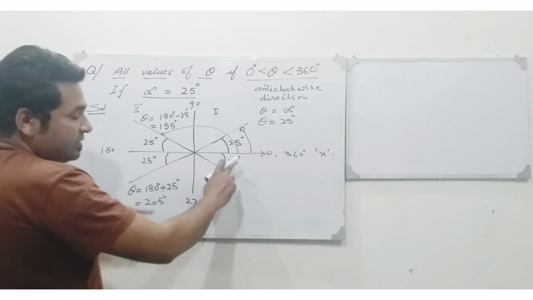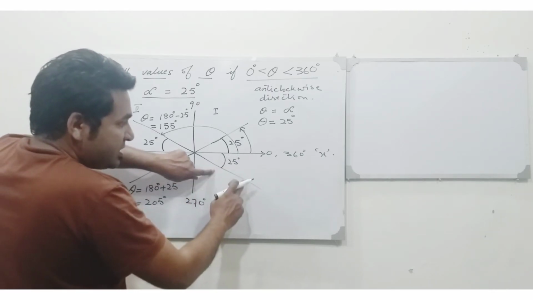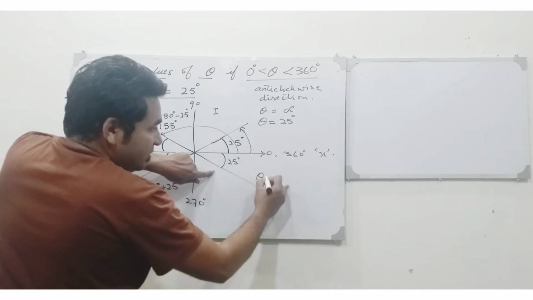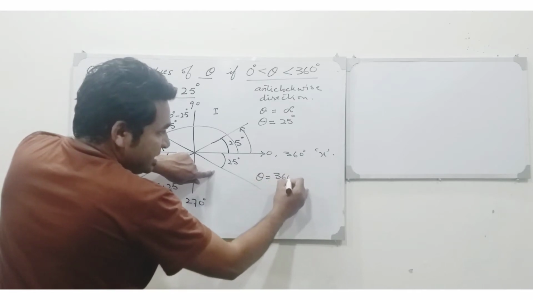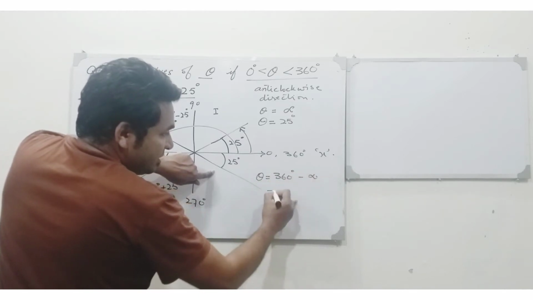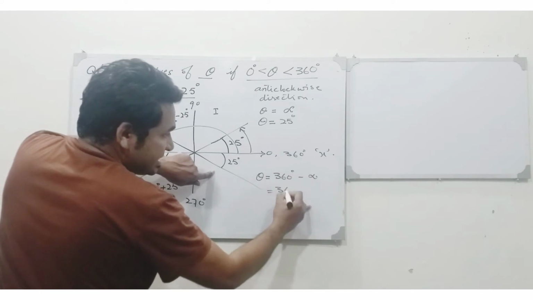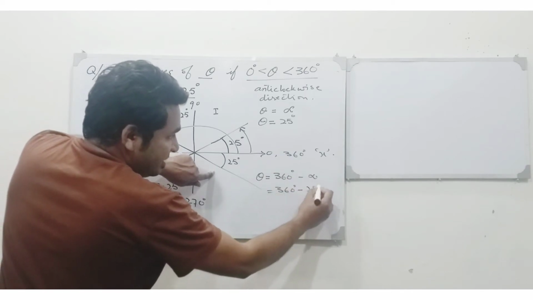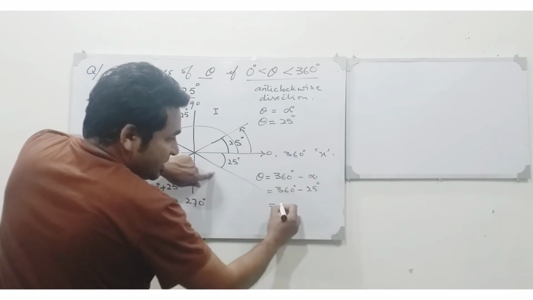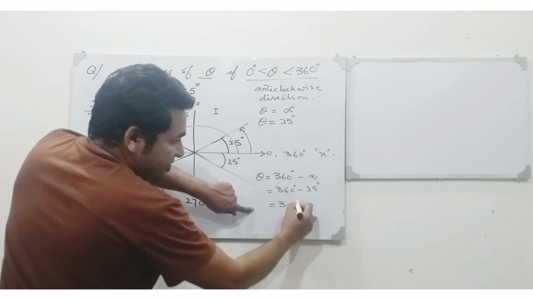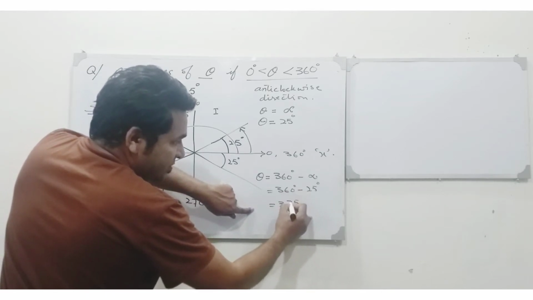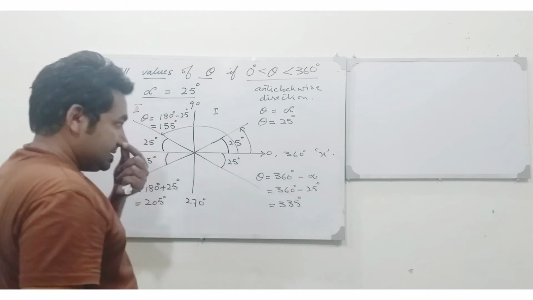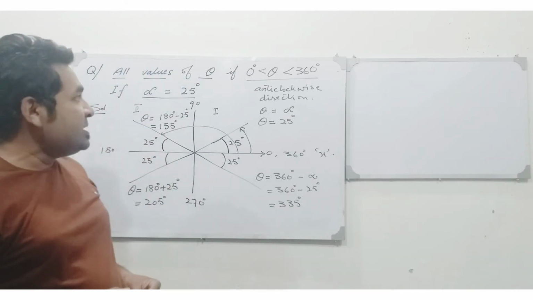Now if the basic angle is in the fourth quadrant, the value of theta is always 360 minus alpha, so 360 minus 25, which is equal to 335 degrees. I hope this example is clear.